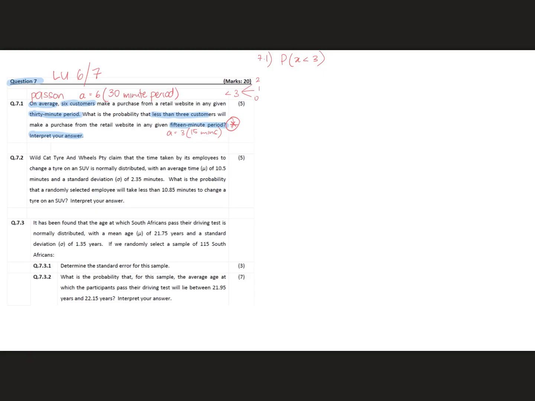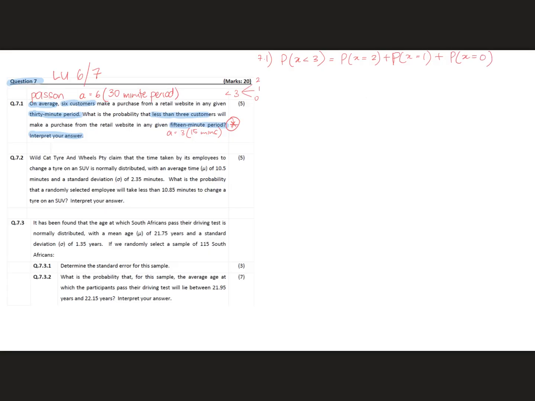So this then means that we're going to say that the probability of x being less than 3 is equal to the probability of x being equal to 2, x being equal to 1. So you're adding them, remember. So it's the probability of x being equal to 2 plus the probability of x being equal to 1 plus the probability of x being equal to 0.